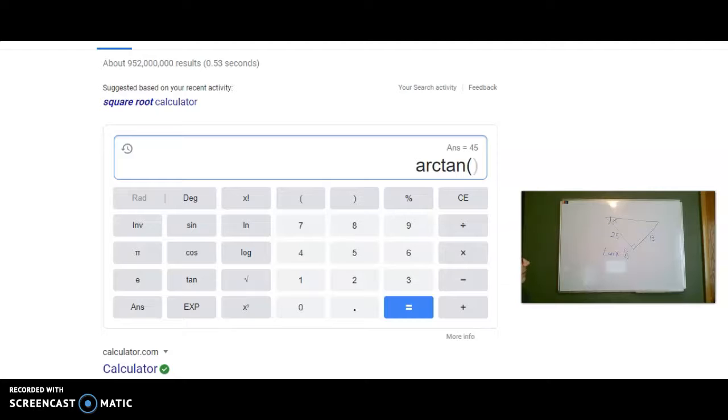Or as I think it is for all of you, rather. 13 over 25. 27.47 degrees, which makes sense because this is opposite the smaller side now, so X equals 27.47. Remember, we're rounding to the nearest hundredth.